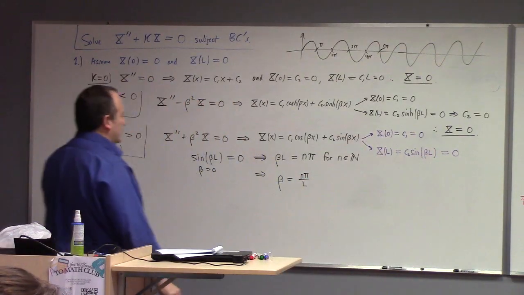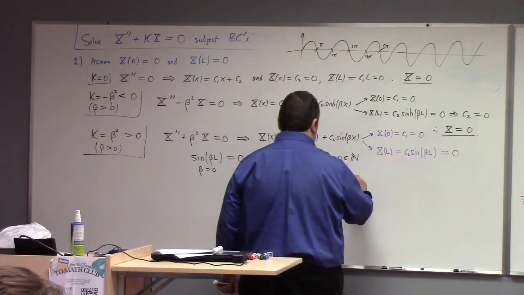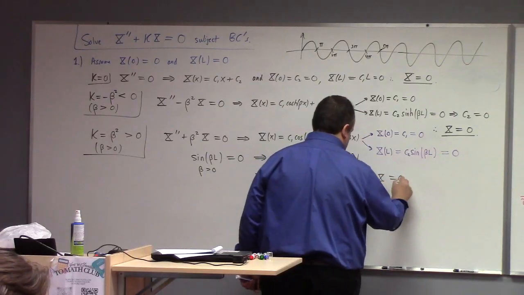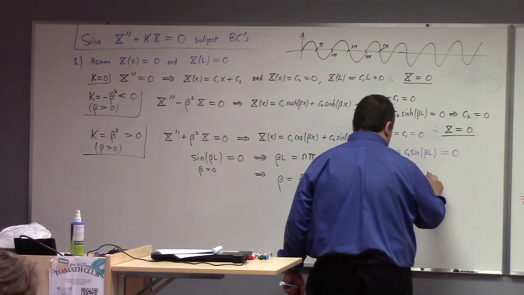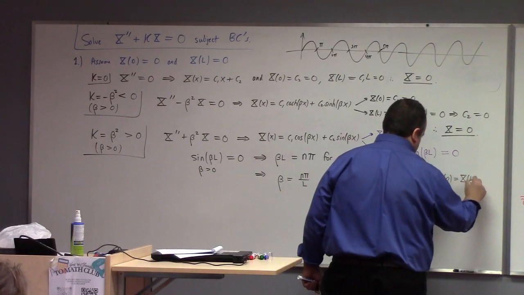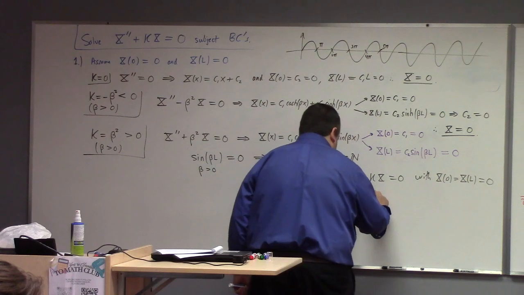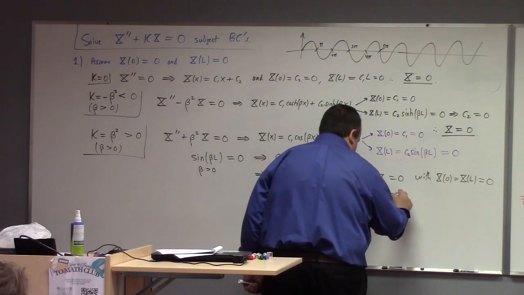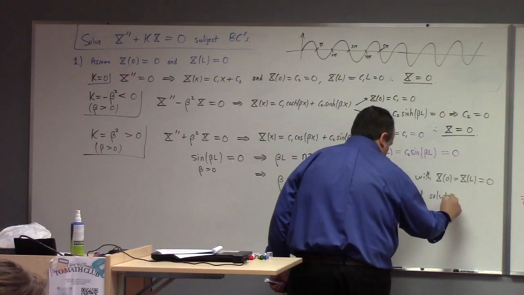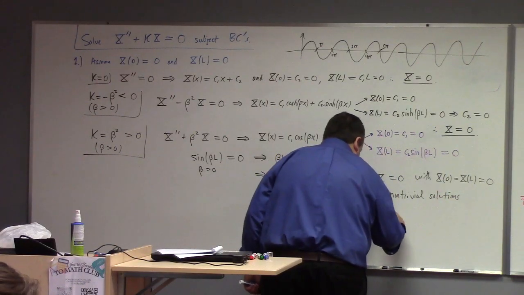Oh man, look at this. What we just found is that x'' plus kx equals 0 with x of 0 equals x of L equals 0 only has non-trivial solutions if what? k is equal to what?